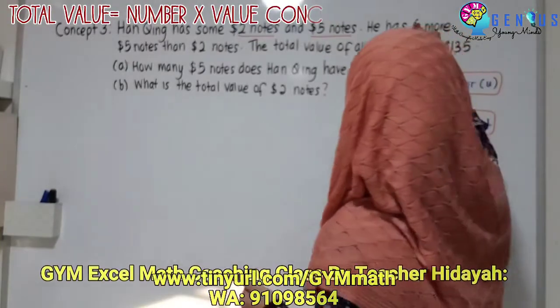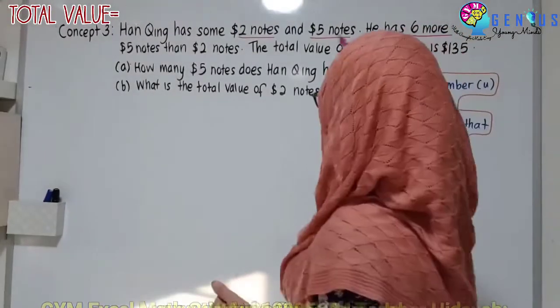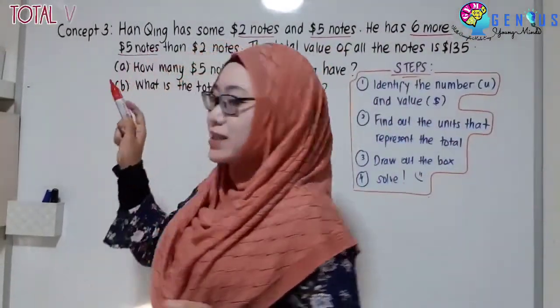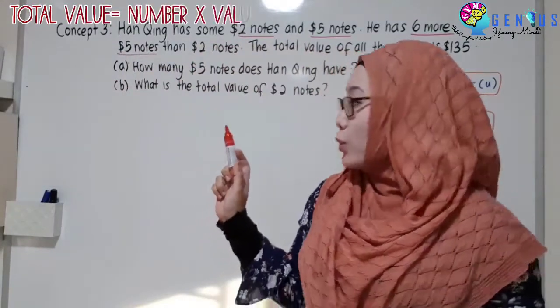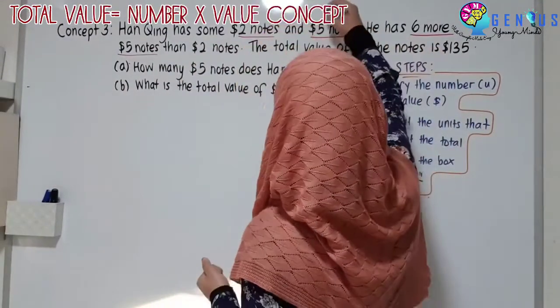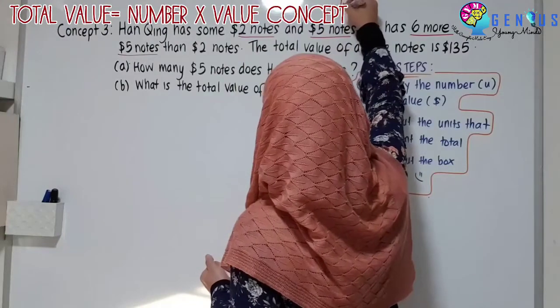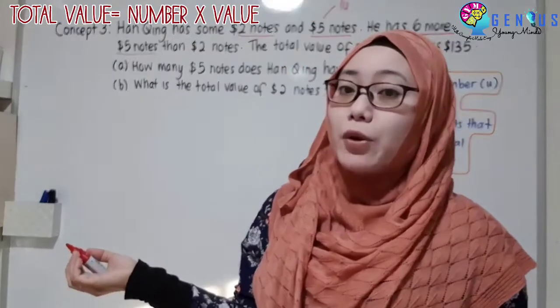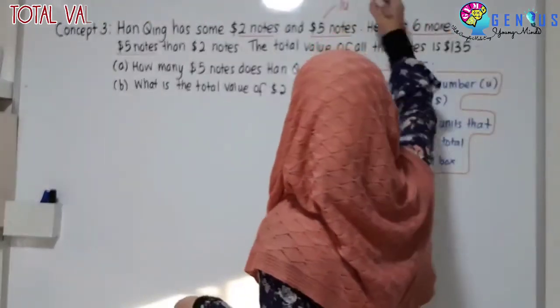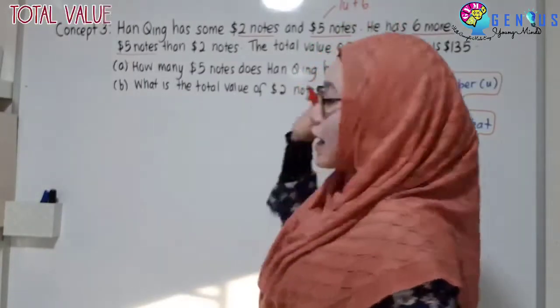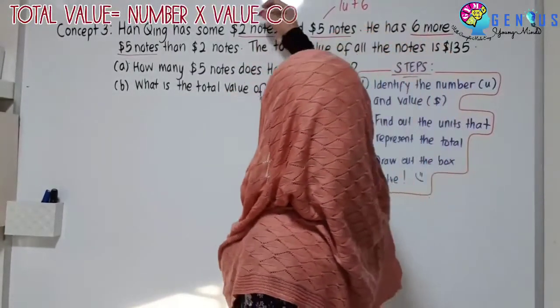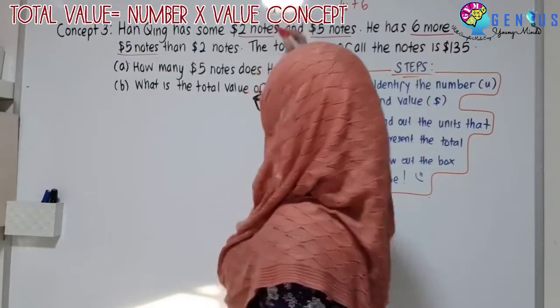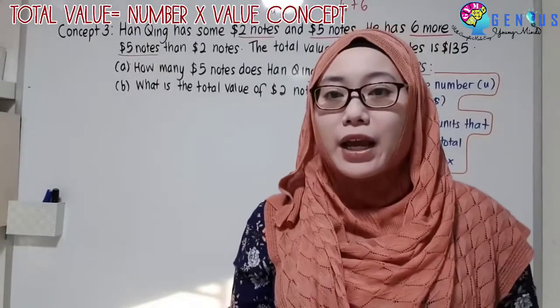But if we move on to the second sentence, he has 6 more $5 notes than $2 notes, which means my $2 notes are represented by 1 unit, since I do not know. 6 more means plus 6, so the $5 notes are 1 unit plus 6.